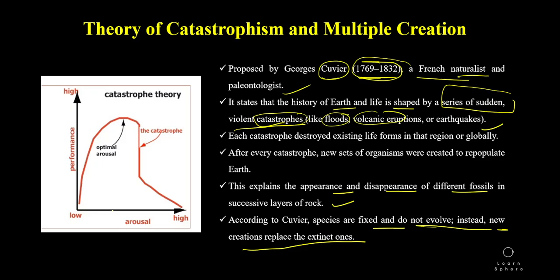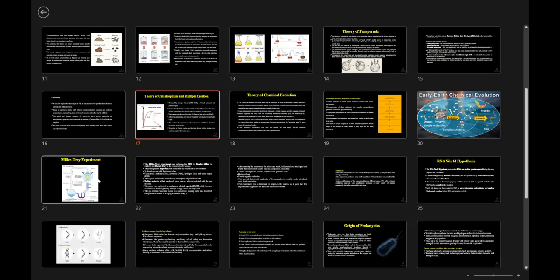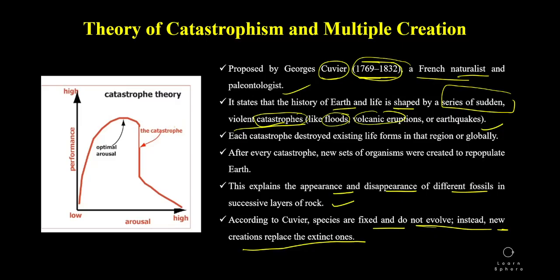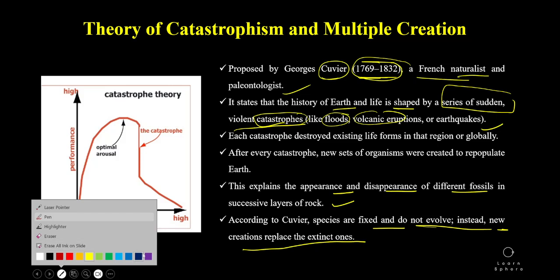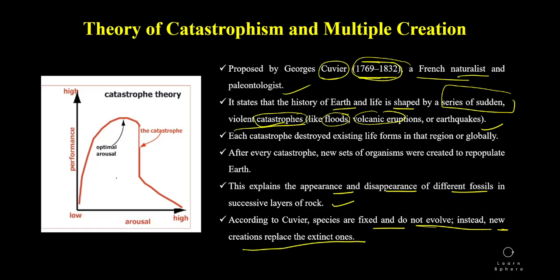In this graph, you can see, let us consider this was the population already existing before, and at their saturation point a catastrophe or natural calamity occurred due to which all those populations went extinct and new species took their place.